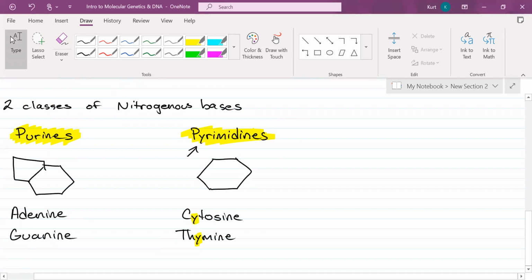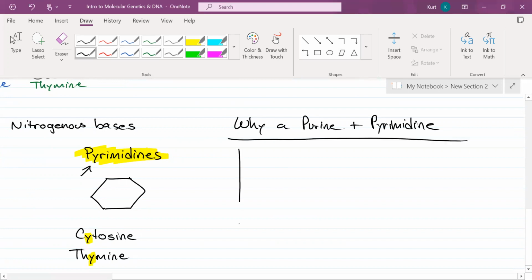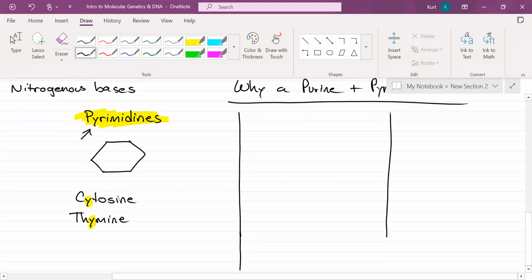Now, as you all should know, A is bonded to T and G is bonded to C. So you always have a purine and you have a pyrimidine. So my next question is, why a purine and a pyrimidine? Why is it not a purine and a purine or a pyrimidine and a pyrimidine? So if we actually look at the double helix, imagine that we have a double helix of DNA and we flatten it out in a two-dimensional perspective.